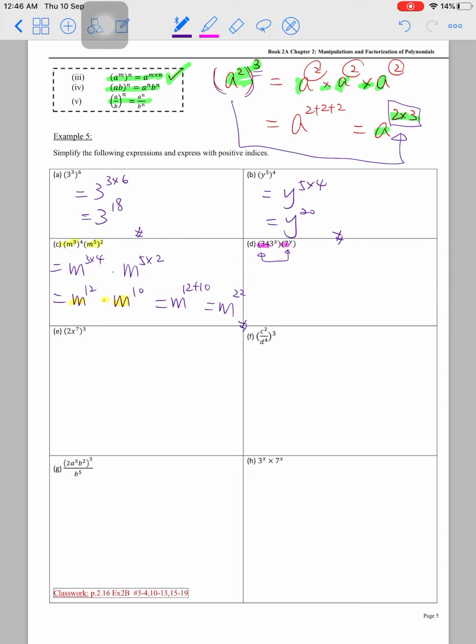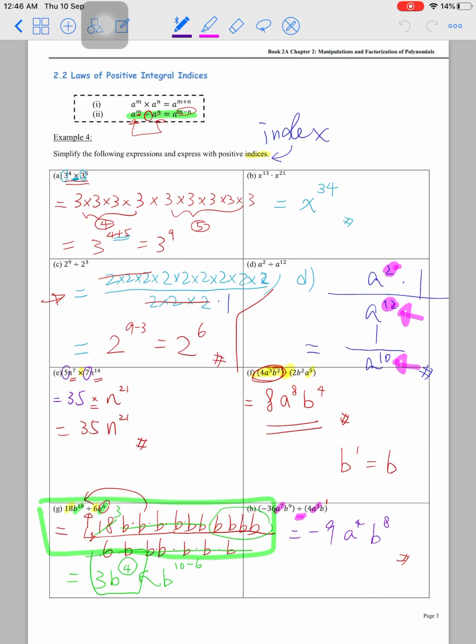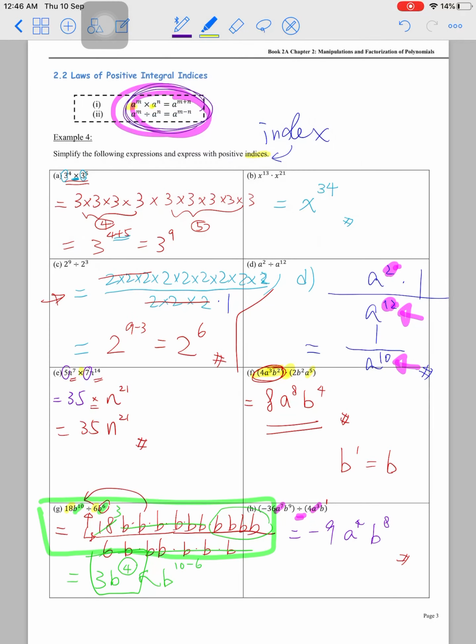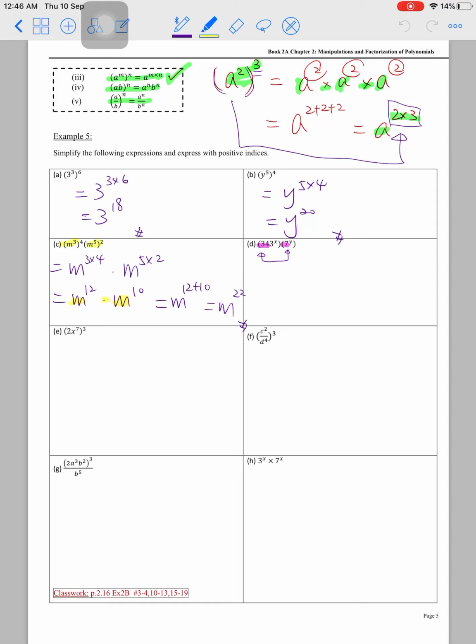Then you can do nothing, because on page 3 you learned that you need to have the same base as the first priority. So on page 5, part D, the base is not the same.